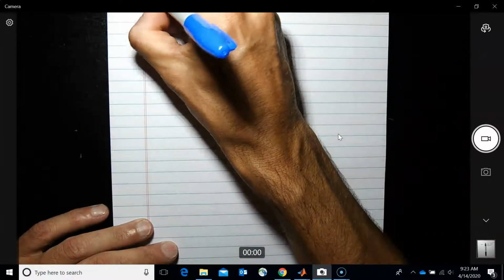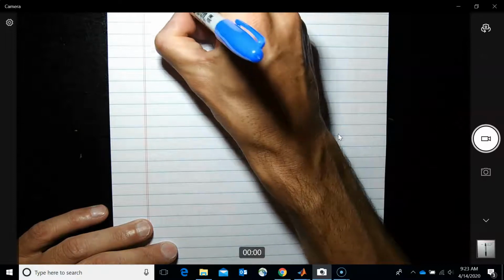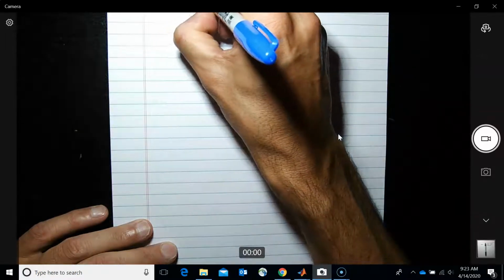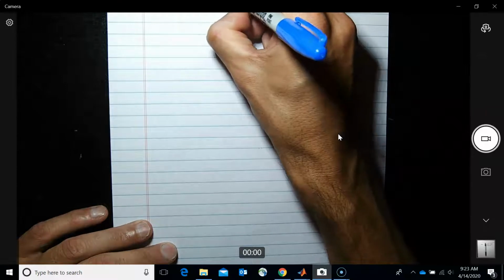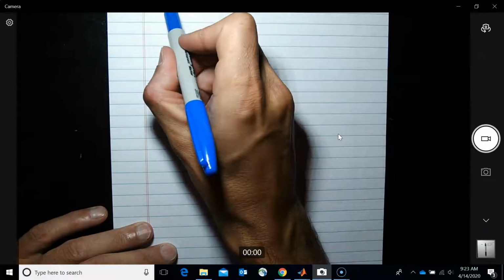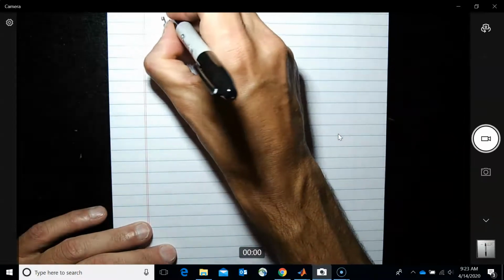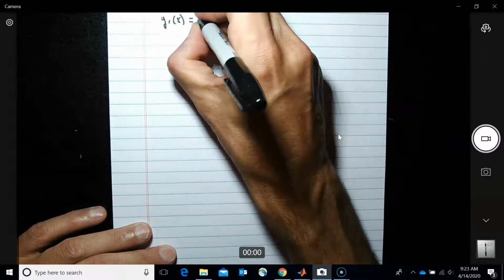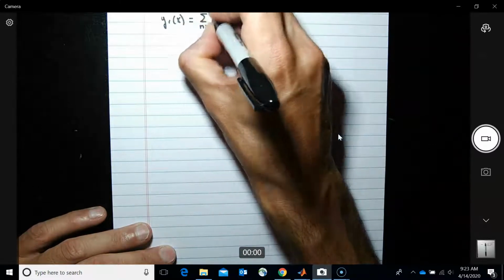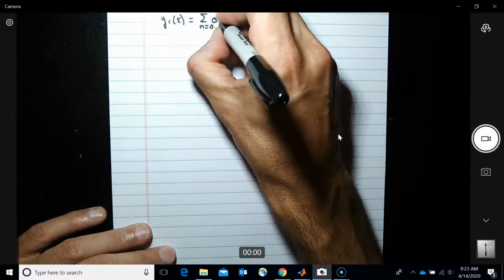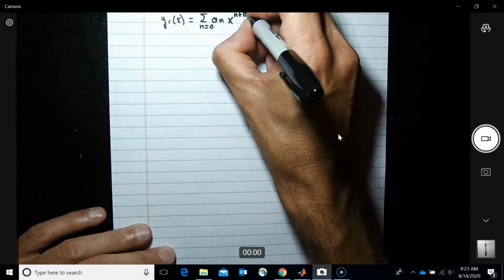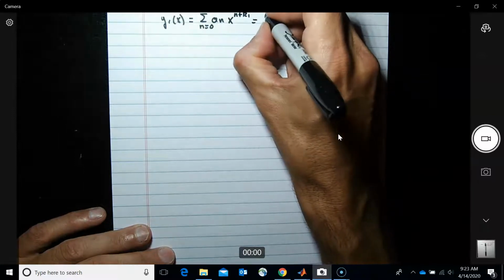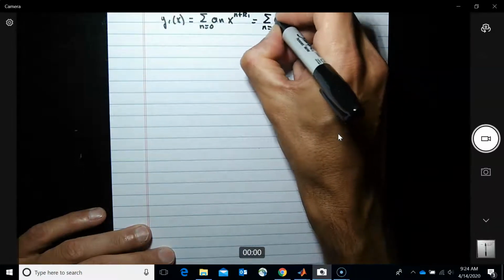So that would be page 194. All right. So case B will be mu is an integer. In that case, we know the solution y1 of x is the summation n equal to 0 to infinity a sub n x to the n plus k1, which is equal to the summation of n equal to 0 to infinity.